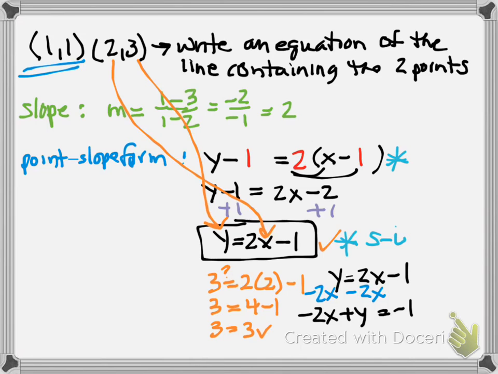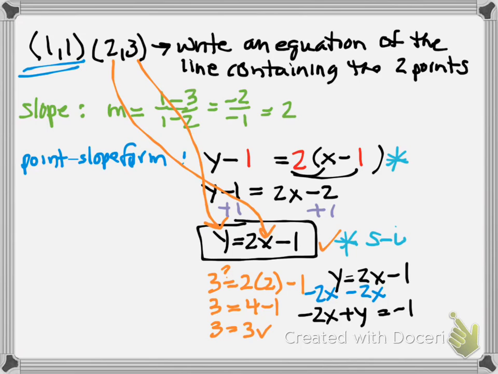Now, technically, the answer I have is fine. But it's not the most customary way of writing the answer. What's wrong with this answer that I need to make a slight difference with? Brandon? It said that one of them got x. Okay, so if I want to make my x positive, what am I going to do to make the x positive? I just can't hear you.